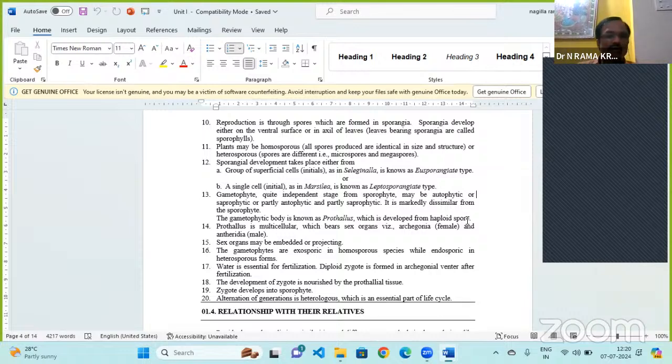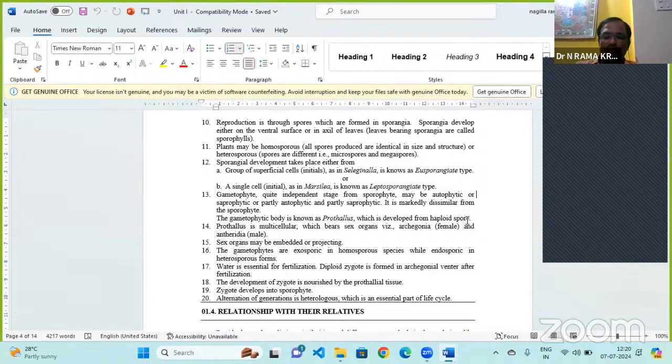But here the gametophyte develops from two types of spores, microspores and megaspores. That is why we say this is an endosporic gametophyte, but they live on the food deposited in the spores. One is the exosporic gametophyte, the second is the endosporic gametophyte.